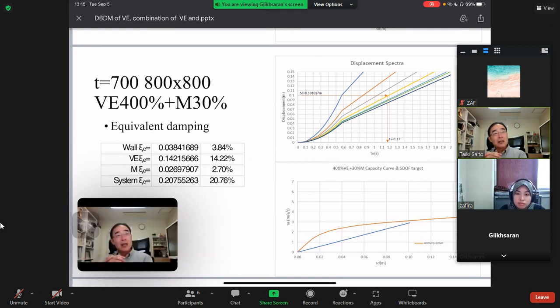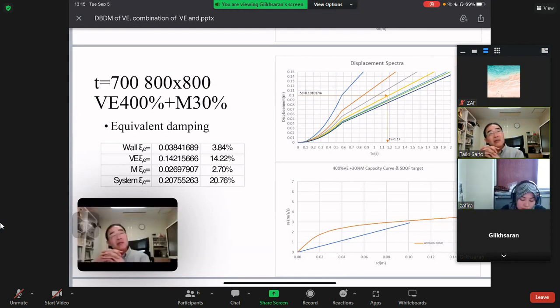And we use energy formula to calculate system damping, combining equivalent damping of wall and equivalent damping of coupling beam. We combine together by using energy formula. But Priestley proposed a simple formula using the degree of coupling ratio, right?